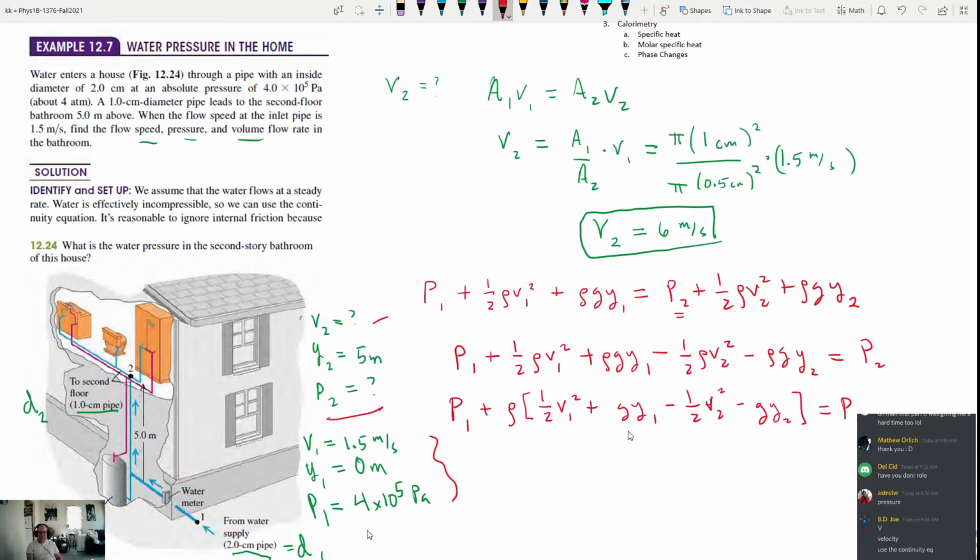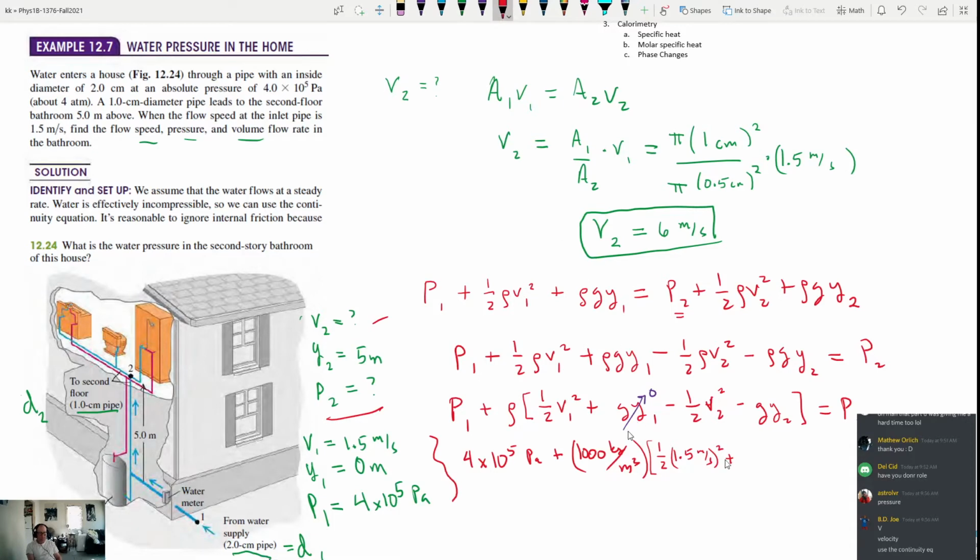There we go. Okay, now plugging everything in, it's still going to be pretty hard to fit all this stuff in here. Okay, 1/2 V1 squared. V1 was 1.5. G times Y1. Y1 was 0, so actually I don't even need to write this one in here, because we can just say that Y1 is 0.